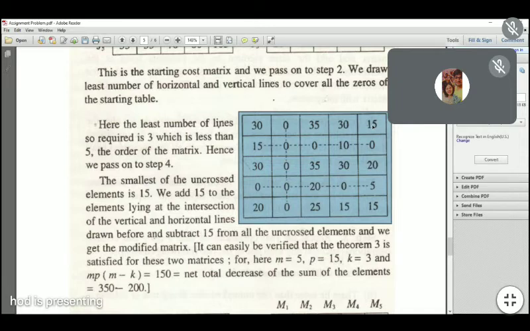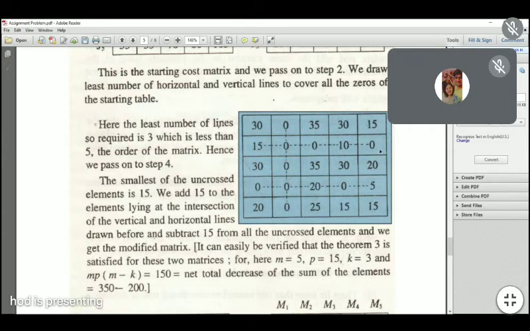So take the minimum uncovered element and subtract it from all the other uncovered elements of this matrix, okay? That means 30 minus 15, 0 is covered, nothing to do. 35 minus 15, 30 minus 15, 15 minus 15.